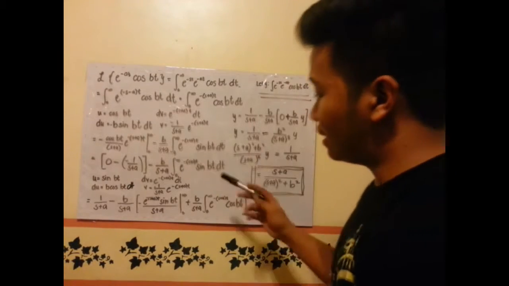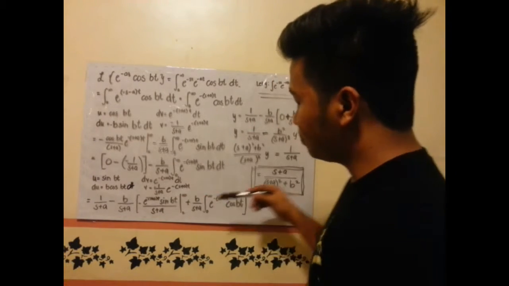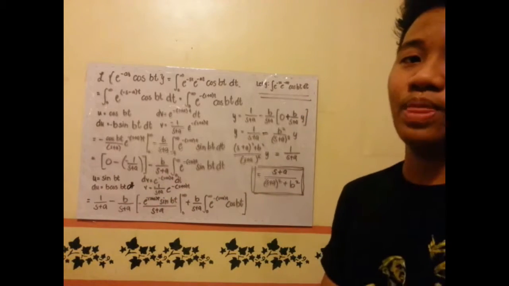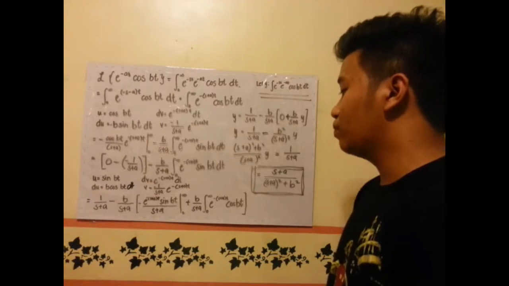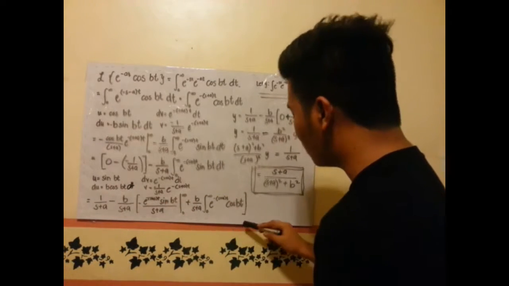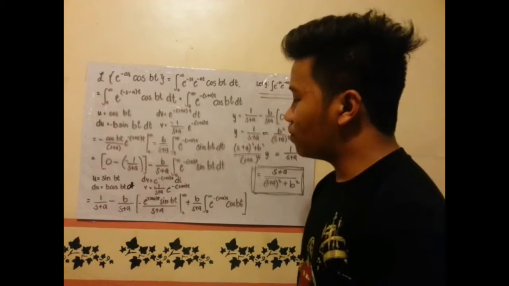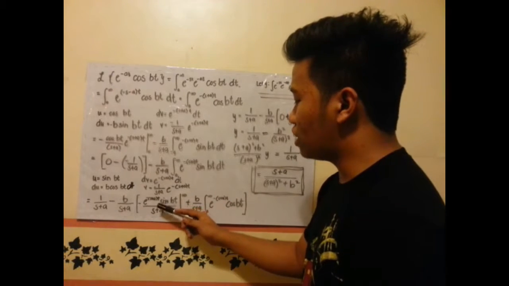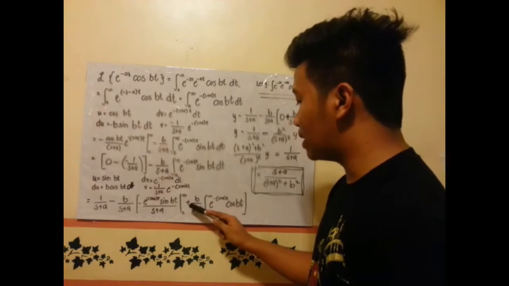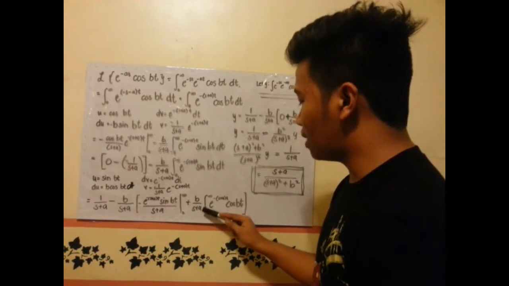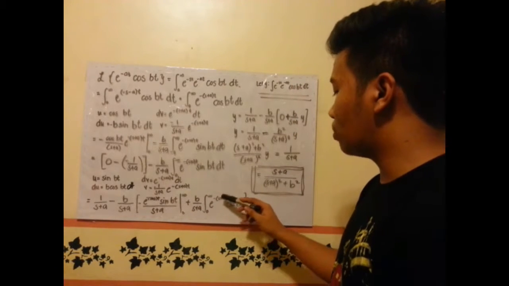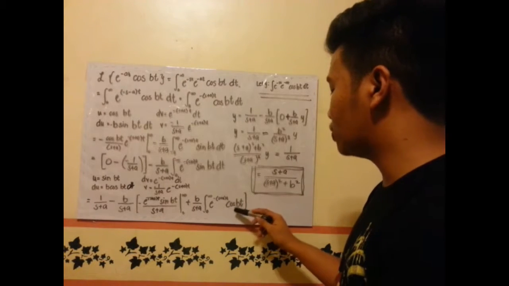Plugging in the values of our variables using the formula of integration by parts, this is the equation we come up with: the negative of e raised to negative s plus a t sine bt over s plus a from 0 to infinity, plus b over s plus a multiplied by the integral of e raised to negative s plus a t cosine bt.